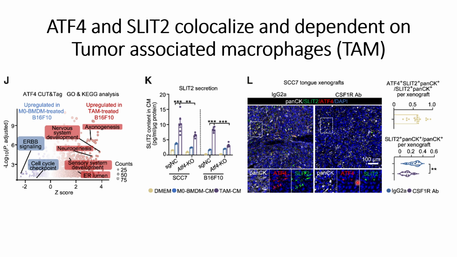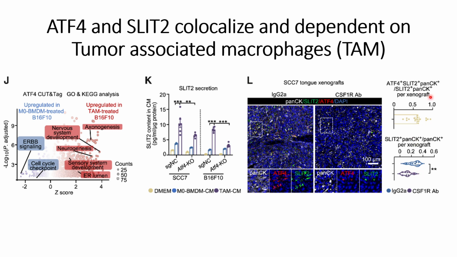In that case they saw reduced ATF4 and SLIT2, and they quantified this on the right hand side. In the violin plot, when they have IgG2A, where the TAM is surrounding the tumors, they saw enhanced signals for ATF4 plus and SLIT2 plus. Here the signals are for SLIT2 plus and PanCK plus, compared to the case where CSF1R antibody was used, where the signals are reduced.